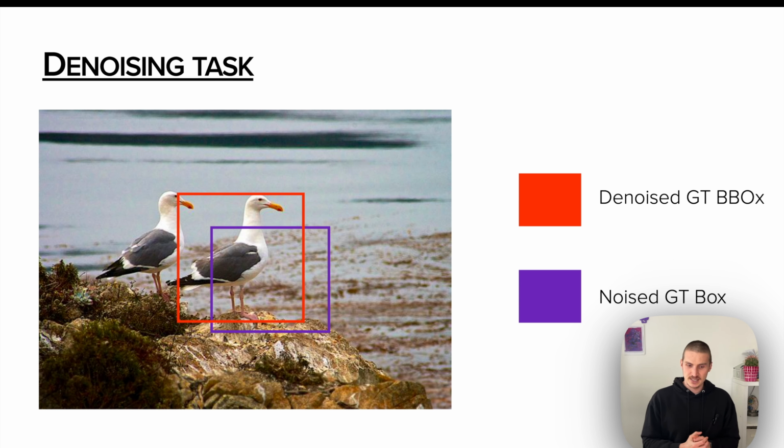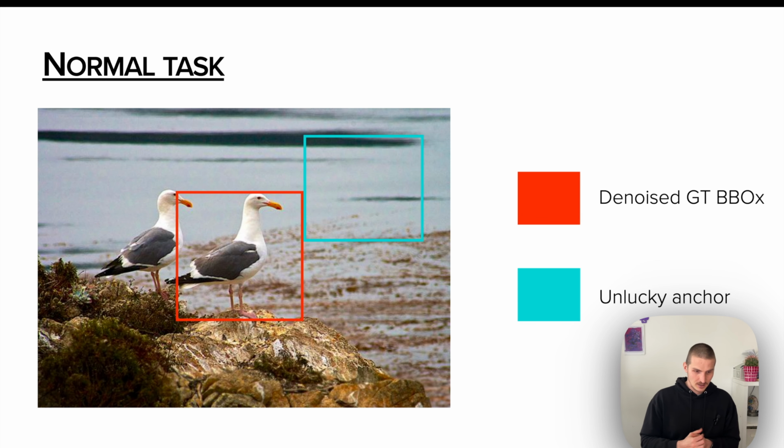And then in the denoising task, you actually do something similar. So you have this noised ground truth box, which again is slightly off compared to the ground truth object. And then your task is to remove the noise and get the proper bounding box. So the tasks solved here for denoising and for the normal task are quite similar, and that's how it works.